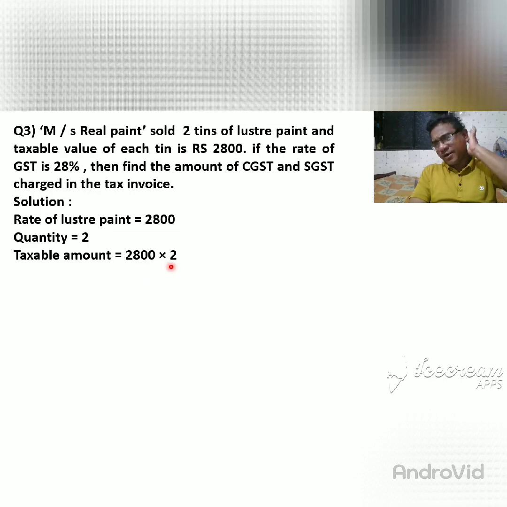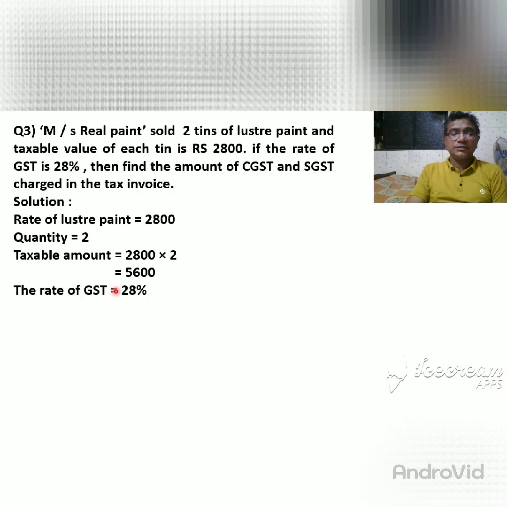Why 2800? 2800 is the taxable amount of 1 tin. So how many tins did he purchase? 2 tins. So 2800 into 2. 2 8s are 16, 6, 1, 2 2s are 4, 4 plus 1, 5. So the taxable amount is 5600.